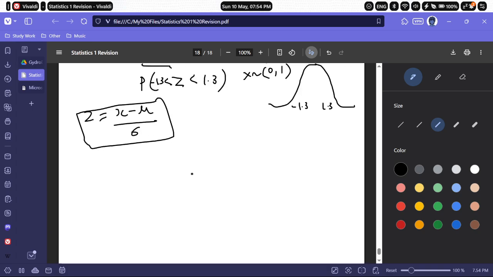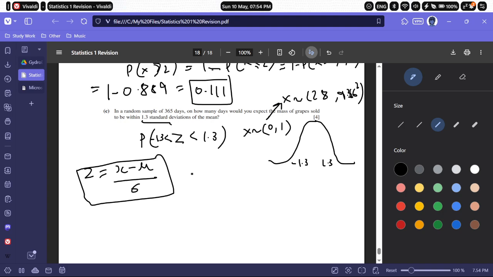Moving on to the last part. Your number of standard deviations is the same as your z value for the standard distribution. So you just find the area between the z values minus 1.3 and 1.3. So the probability of z less than 1.3 minus the probability of z less than minus 1.3.